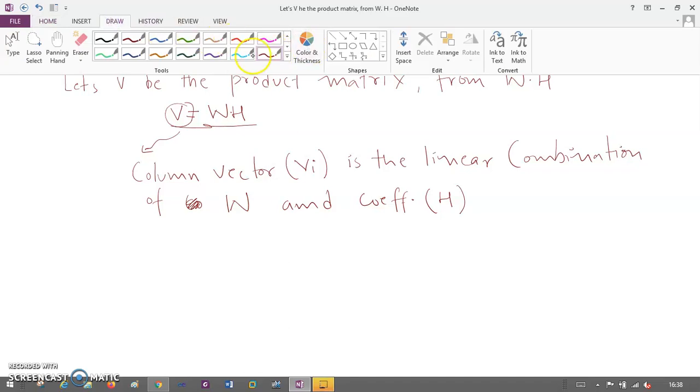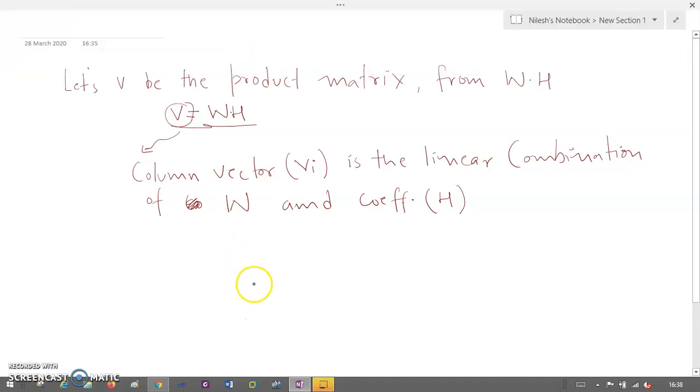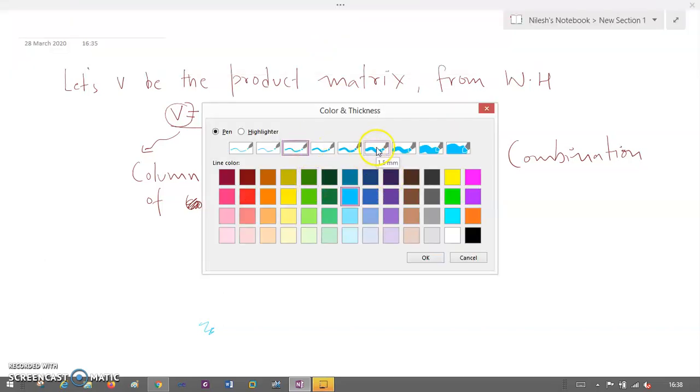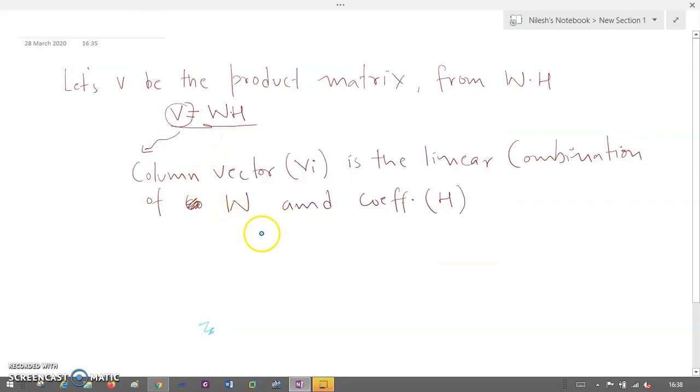What I can write is V of I equals W for the component and H of I.